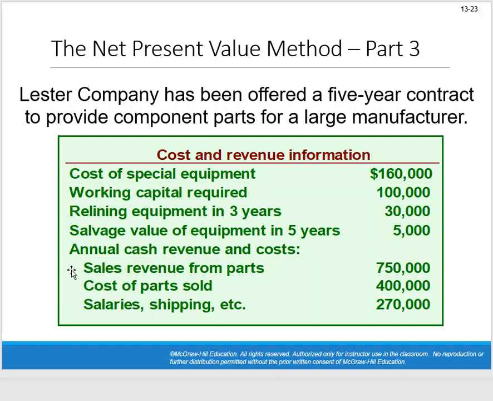So during this period, though, it's going to provide annual cash revenue and costs. So we're going to have sales revenue from the parts of $750,000. Cost of parts sold is going to be $400,000 though, and then we have to deal with salaries, shipping, and other expenses for $270,000. So really, we've got expenses totaling $670,000.